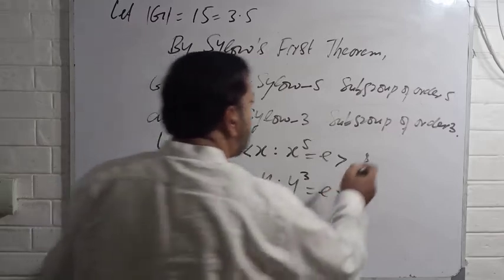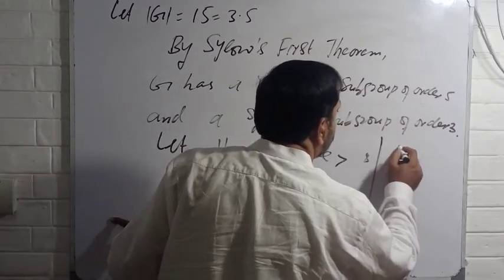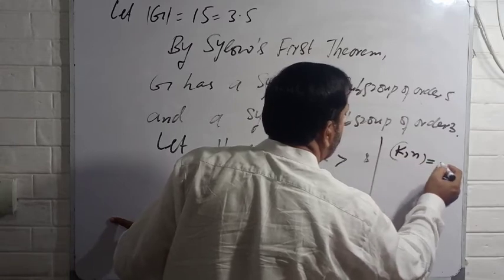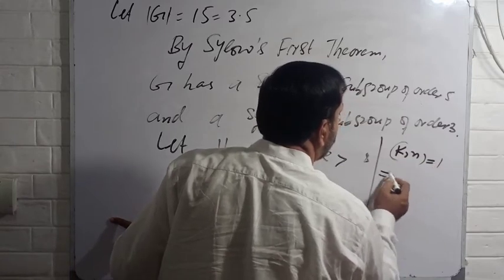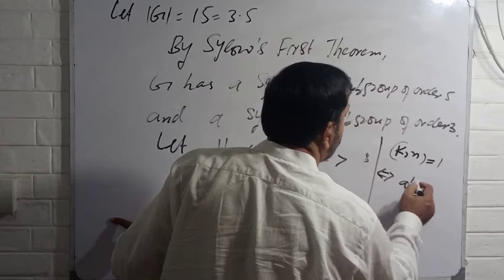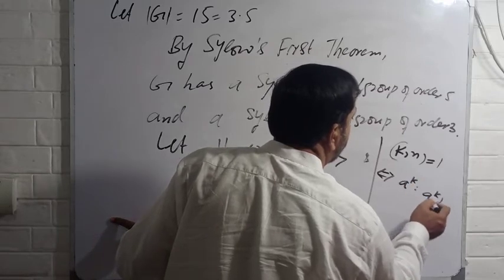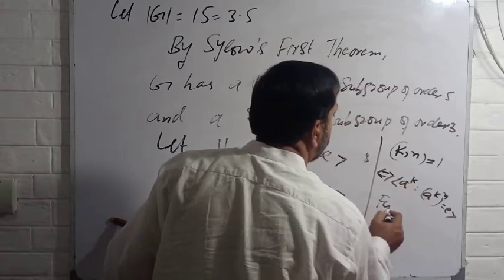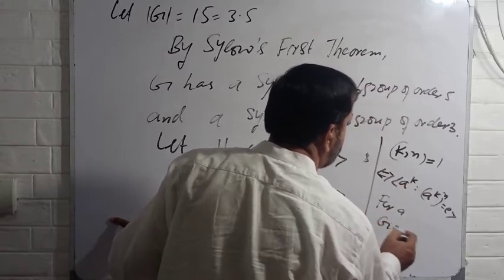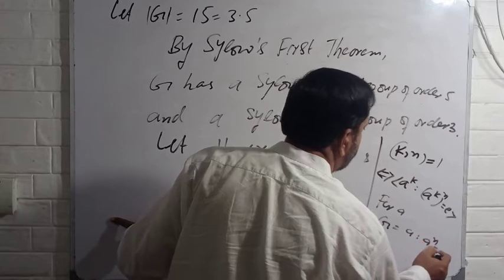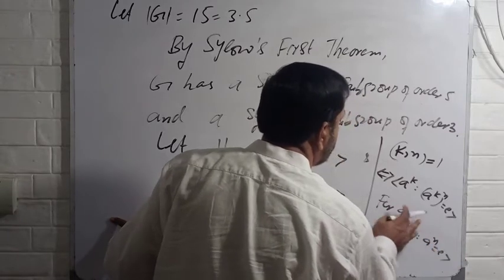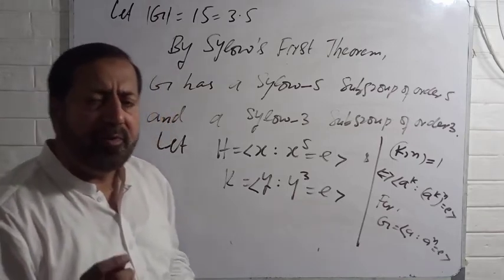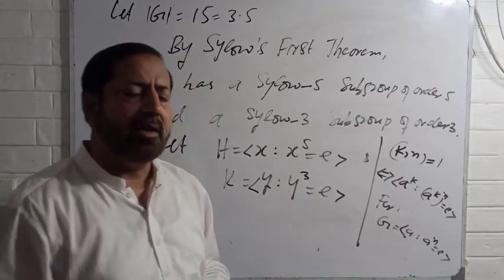So we have a theorem: k and n are relatively prime if and only if a to the k is a generator, that is, G is generated by a to the power k. This is a very well-known theorem to find the number of generators of a cyclic group.